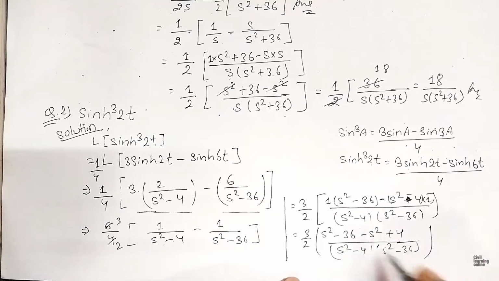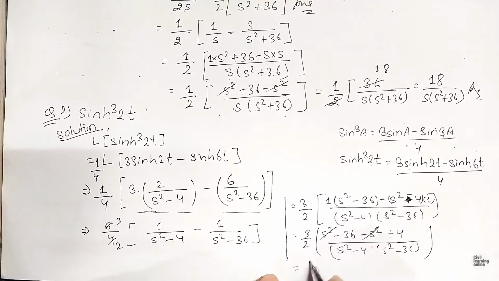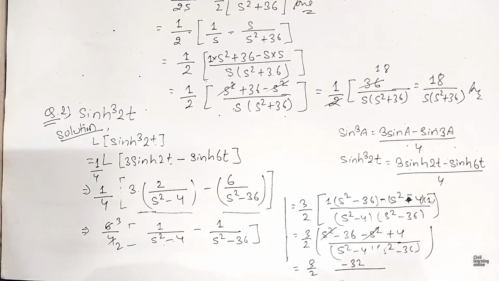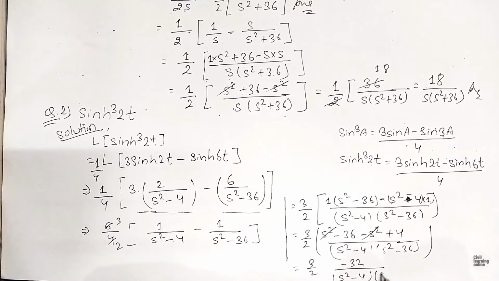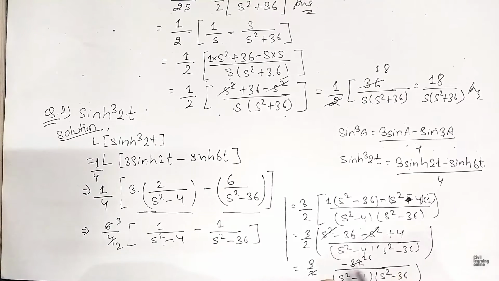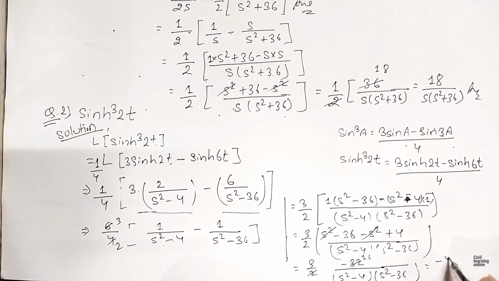So on solving this, we will get 3 by 2 times minus 36 plus 4, which is minus 32, upon s square minus 4 times s square minus 36. On dividing 32 by 2, we will get 16, times 3 is minus 48 upon s square minus 4 and s square minus 36. This is our final answer.